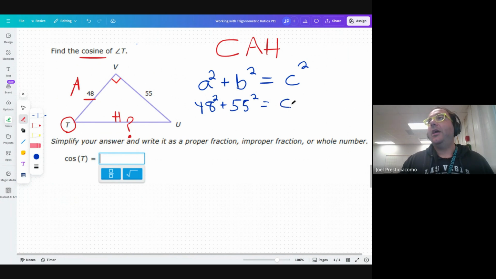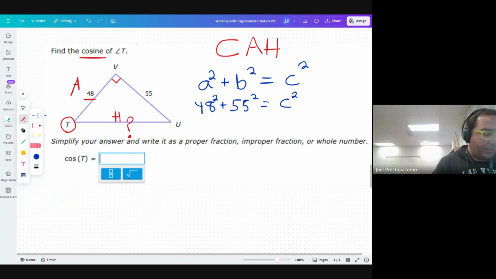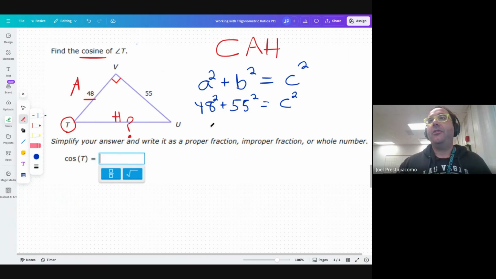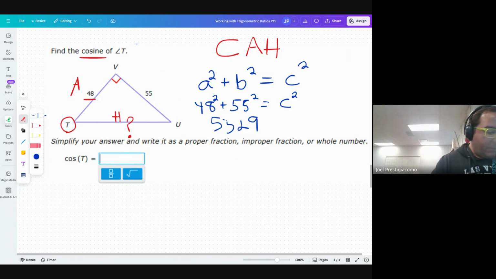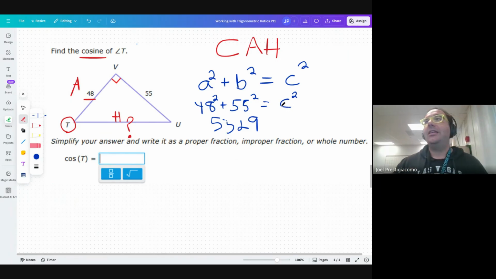This makes C squared. So if we added these together, 48 squared plus 55 squared, you should get 5,329, which if I take the square root of that number, I should get 73.